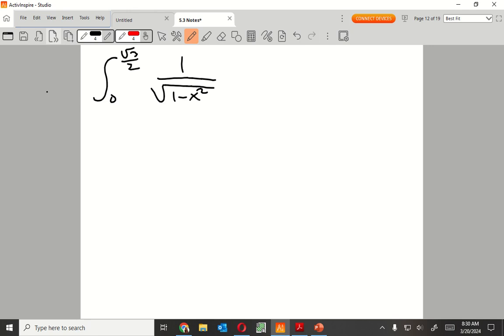So this one actually is going to be an arc because it's going to be 1 over the square root of 1 minus x squared.